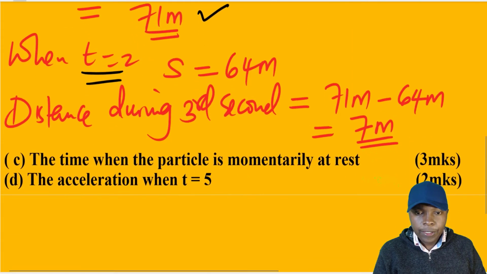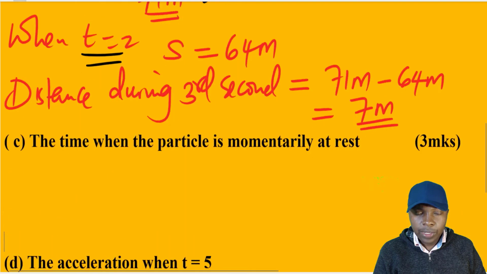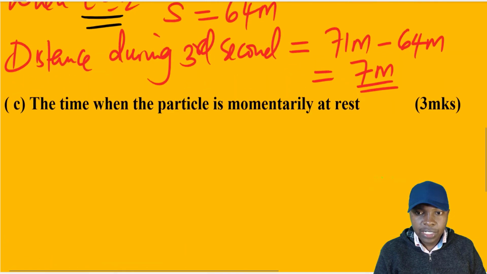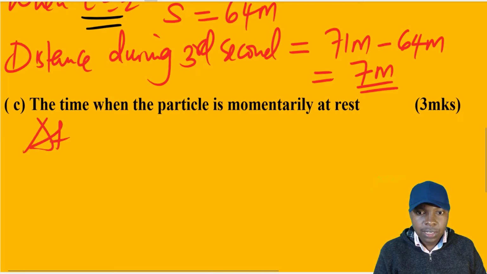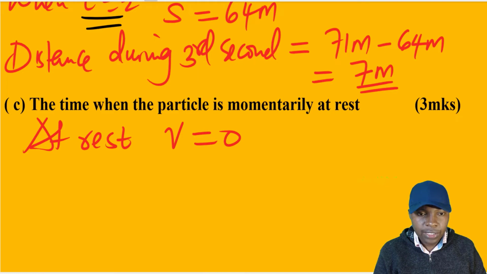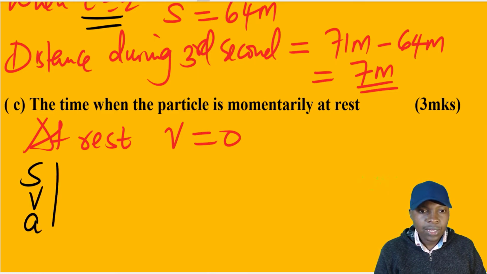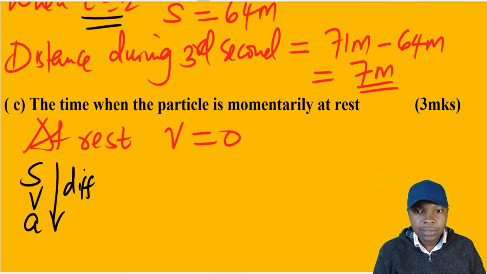The next thing is the time when the particle is momentarily at rest. That is the third part of the question. At rest, velocity is equal to 0. The particle is not moving, and therefore the speed at that instant is 0.